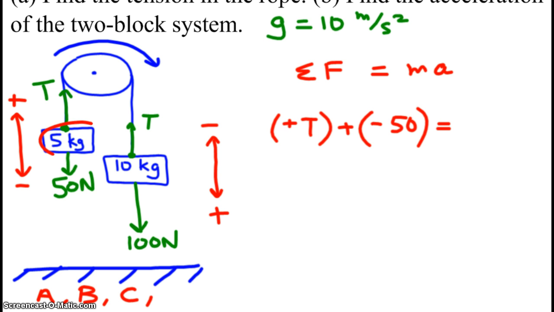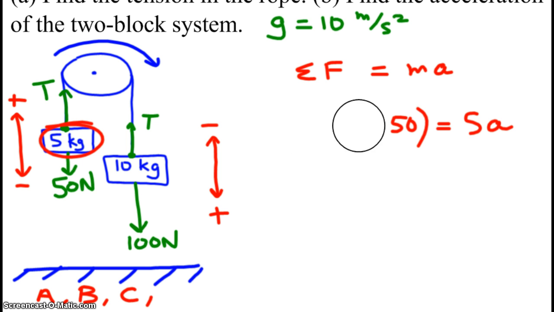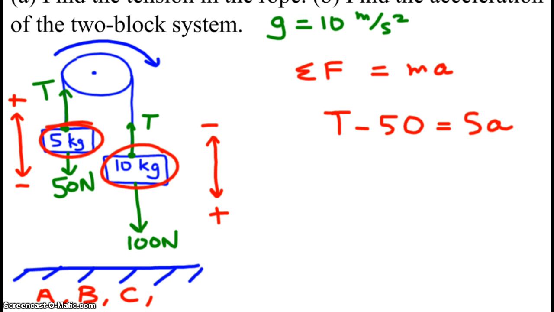You plug in the mass of that 5 kilogram block, so we put a 5 here. We can leave the acceleration as a, since we don't know it yet. I'm going to write this as T minus 50 equals 5a.